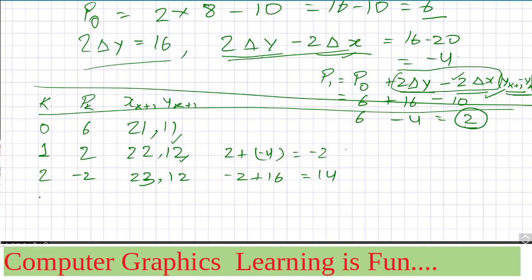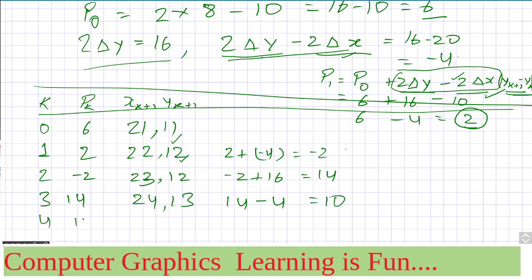Since it is 14, we will keep it as 14, and here it is 23, 24, and it will increase. It will be 13. Similarly, here it will be 14 and then minus 4, right? So it is 10. Still it is positive. It will be 25, and it will be increasing to 14.